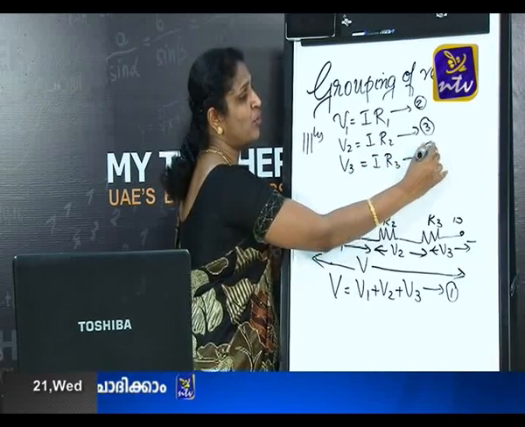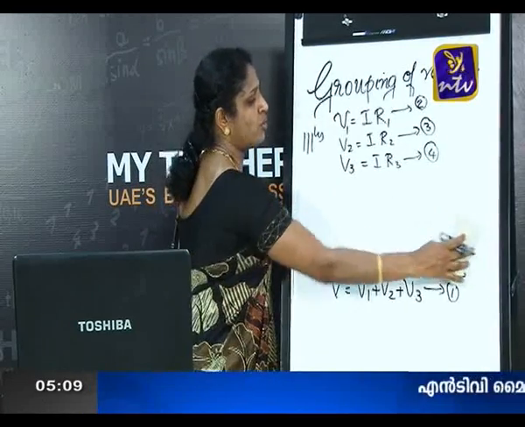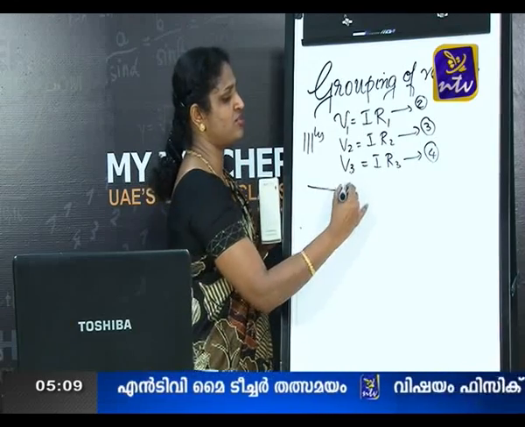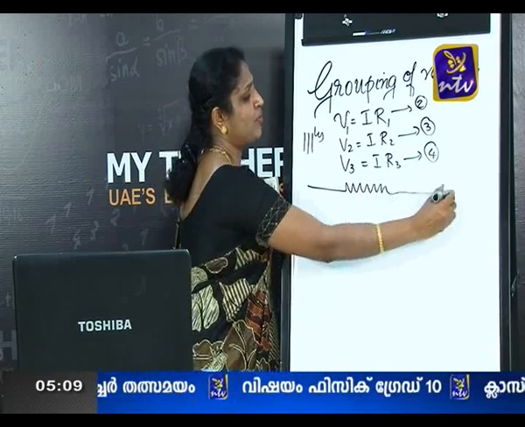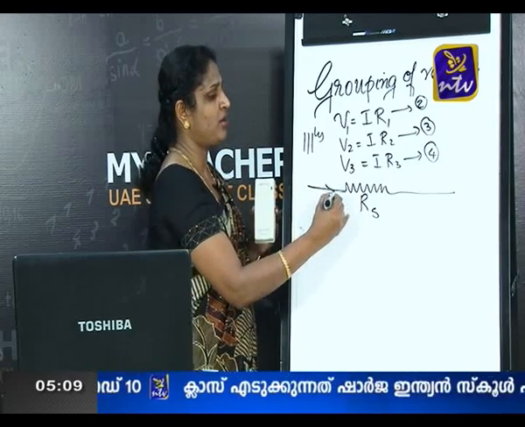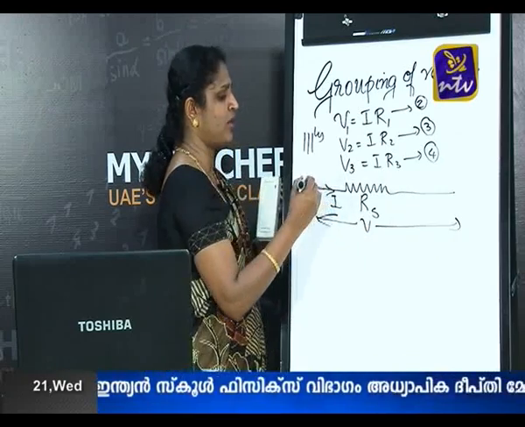What about the situation when we replace all three resistors by a single resistor? Replace them by a single resistor of resistance Rs, so that the same supply voltage provides the same current.